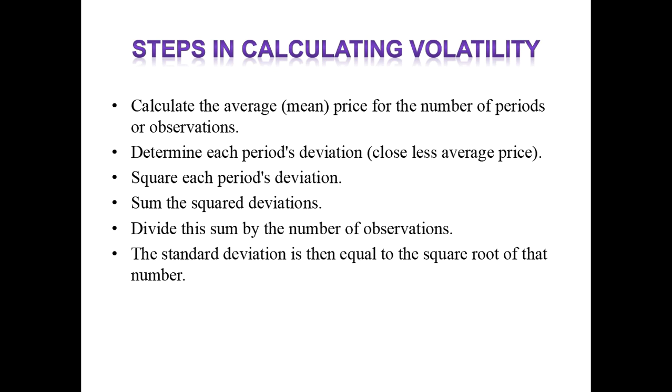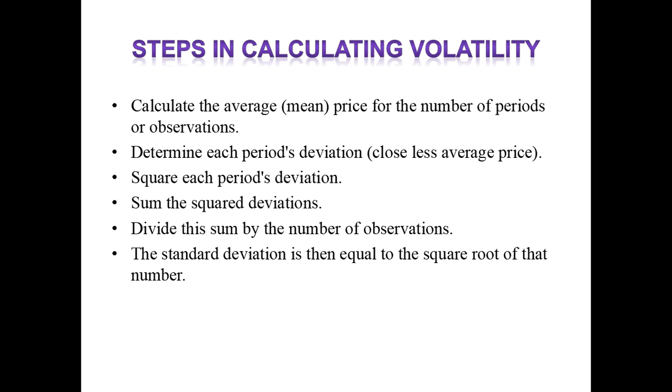So let's look at the steps in calculating it. First, you have to calculate the average price for the number of periods or observations. Then you have to determine each period's deviation. This is the close less average price. Next, you have to square each period's deviation. Then you have to take the sum of the squared deviations.